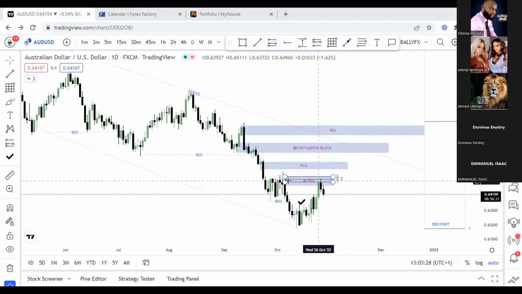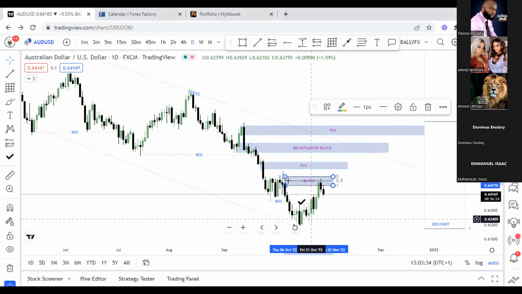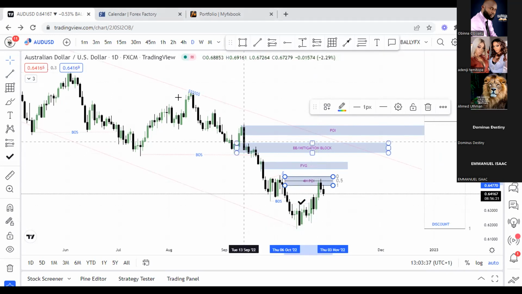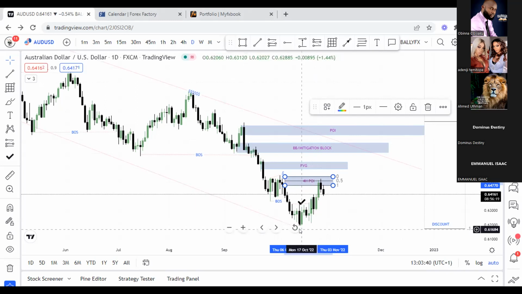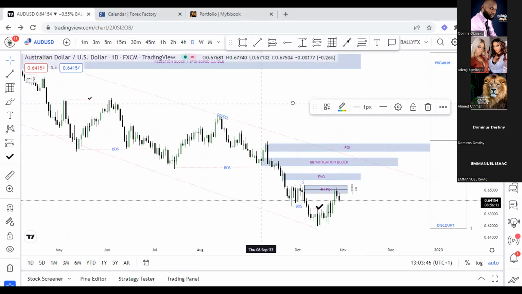Price has retested already, to continue coming down to take out all this sell side liquidity that is here, respecting this range structure, then continue going up to feed this fair value gap and continue the bearishness.